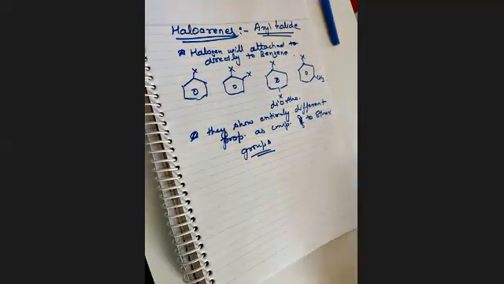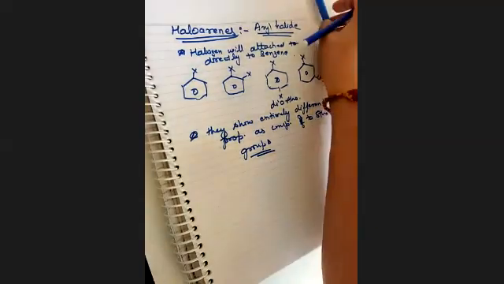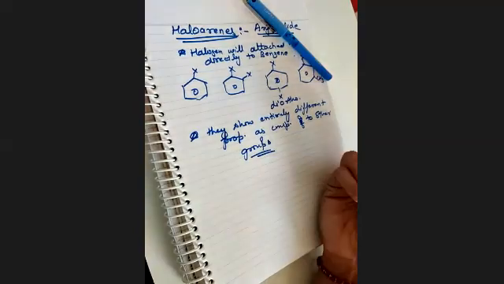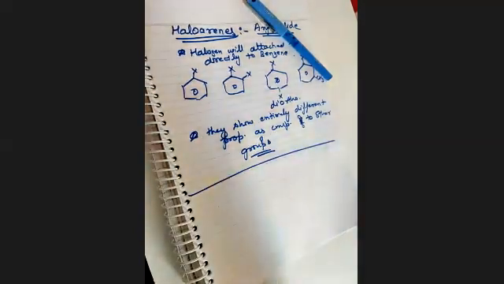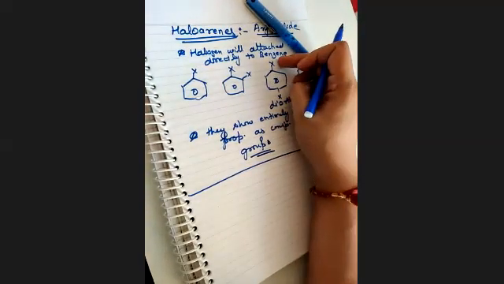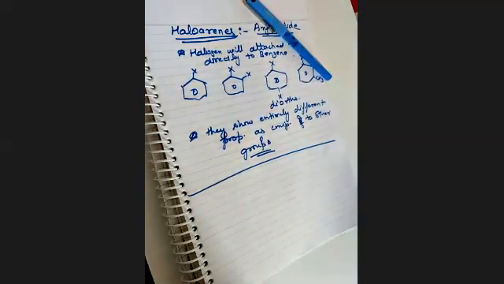So haloarenes are exceptions. They show entirely different properties among all the functional groups. Okay, so that is only haloarenes. When your halogen is directly attached with the benzene ring, at that time these are known as haloarenes. Okay.